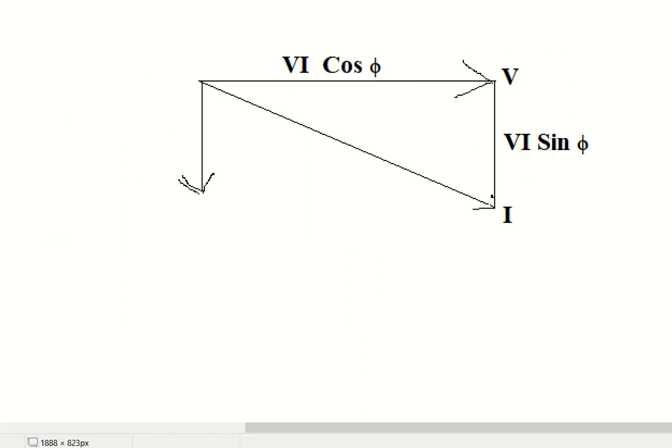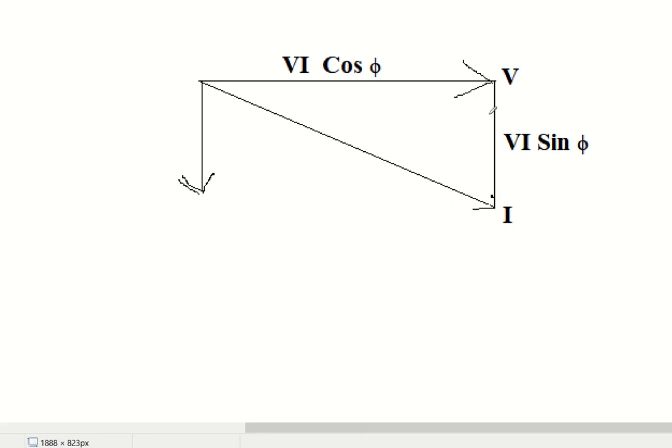What is it? Now coming to the power factor triangle, here what I've drawn is the same thing. This line which is going horizontally is my vector of voltage V. This line is my I, which is nothing but current.